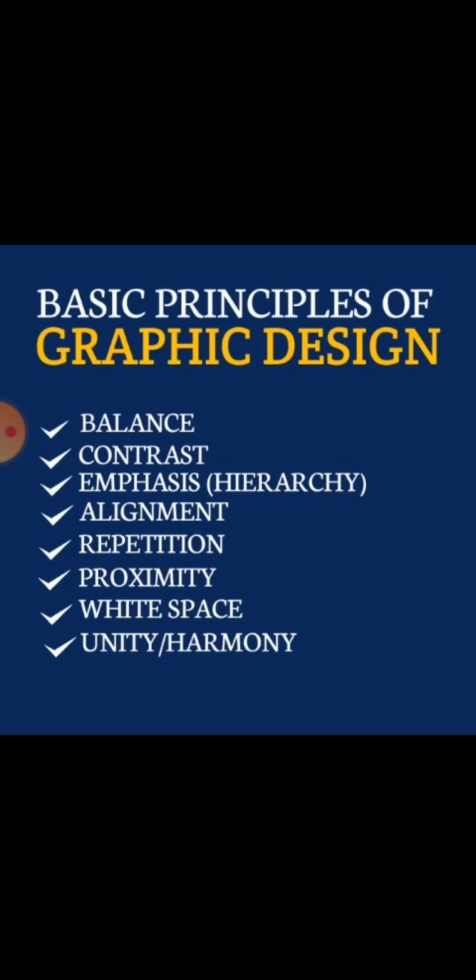Okay. We also have the shapes. The shapes can be square, circle, rectangle, etc. The form is the three-dimensional, volumetric aspect of an object, having height, width, and depth. We have the color. The color sets moods and evokes emotions.